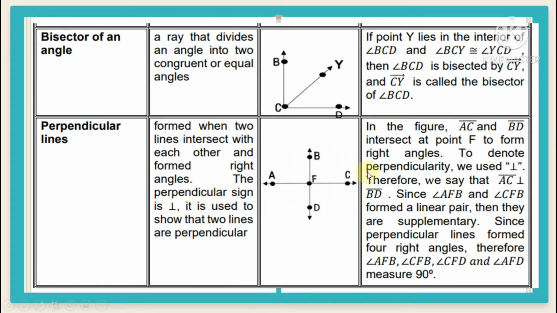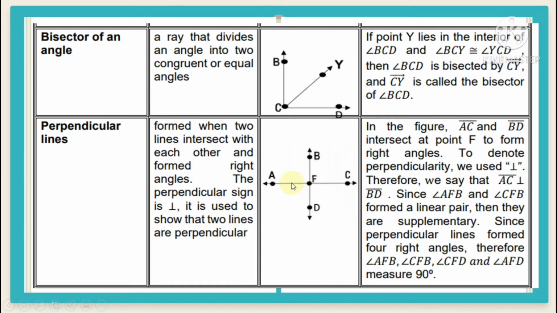Therefore, we say that line AC is perpendicular to line BD. And since angle AFB and angle CFB form a linear pair, then they are supplementary.